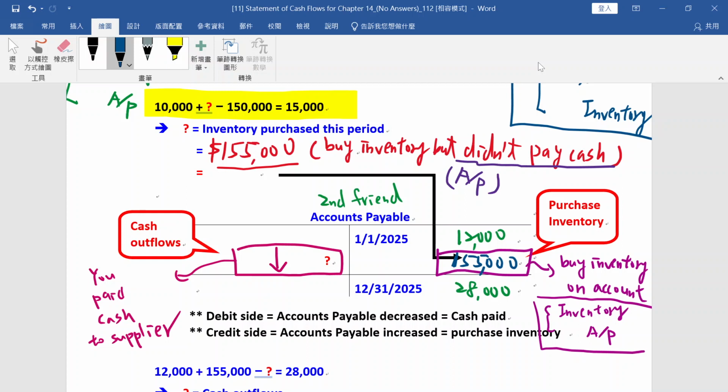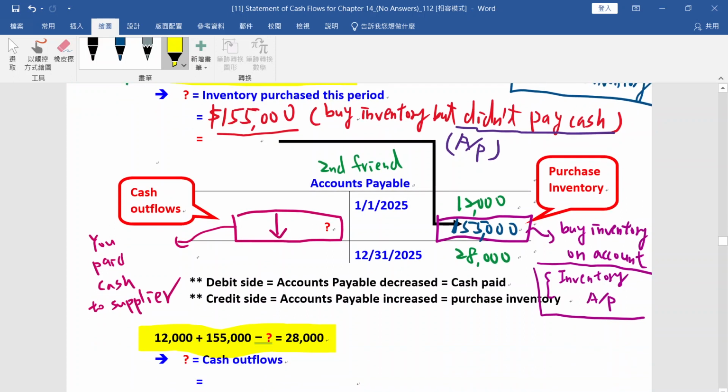No problem, right? So how much money you pay to suppliers? Beginning $12,000 plus $155,000 minus question mark. You got ending balance $28,000, right? So $12,000 plus $155,000 minus question mark. You got ending balance. Okay? So could you tell me what's the question mark? How much?